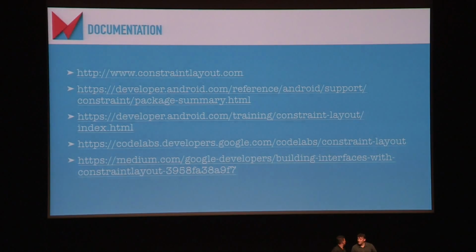Hi, thanks for the presentation. I've messed a bit with constraint layout for the first version, and I noticed a function which is validate on the layout params that is not documented. Sorry, let me try again.